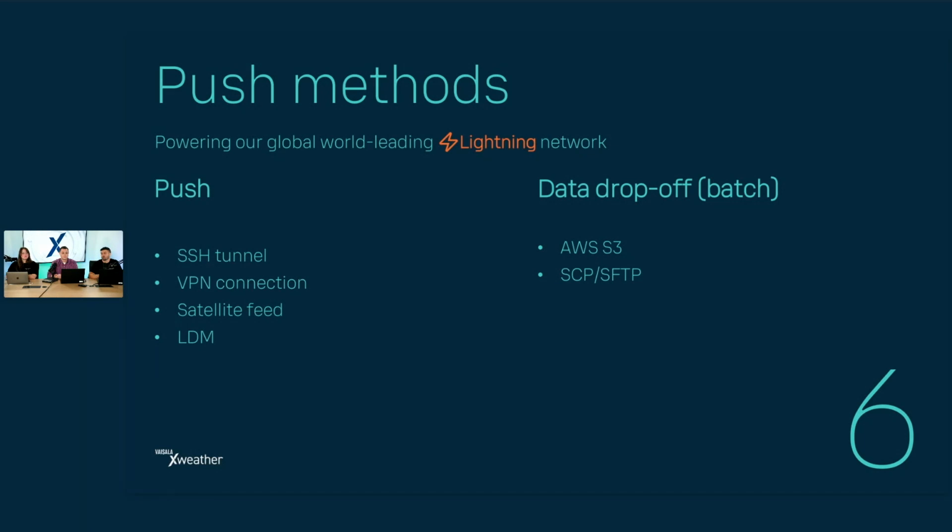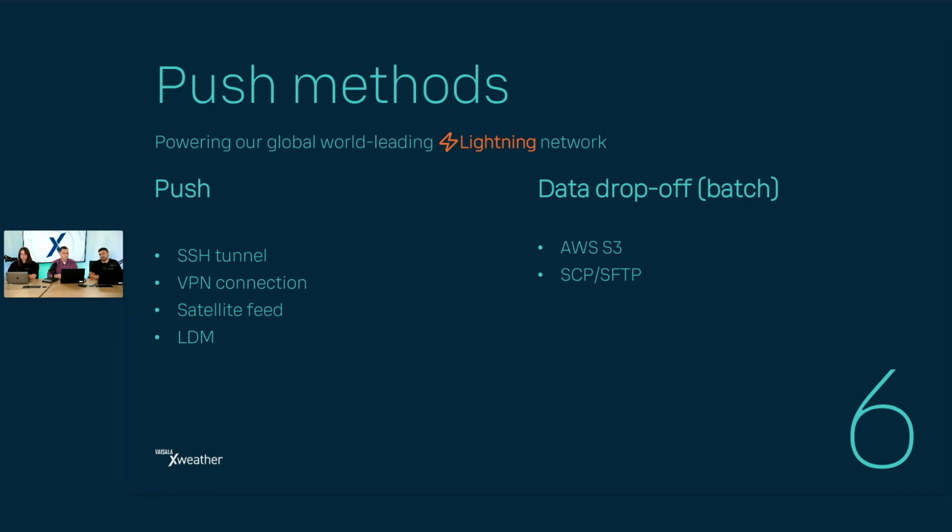Otherwise, there's data drop off. That's sort of push, but it's a triggered solution. As that data comes in, we'll batch it up and save it to other locations like AWS S3. Then from there, you can listen to S3 events like object create events and trigger SNS topics, or go into queues with SQS.